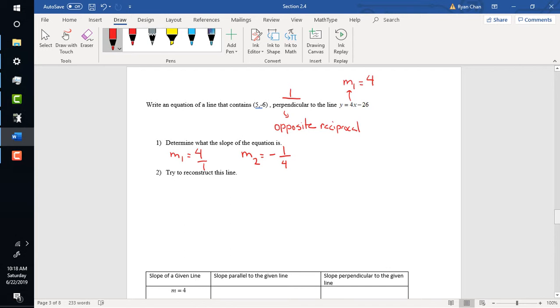So this is the new slope I do, and then this is going to be a coordinate I'm going to use, okay? And once again, I'm doing point slope form. y minus y1 equals m times x minus x1, okay?